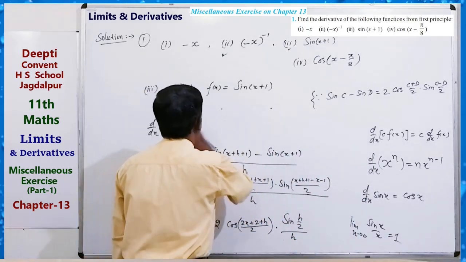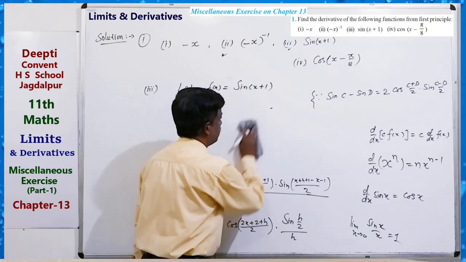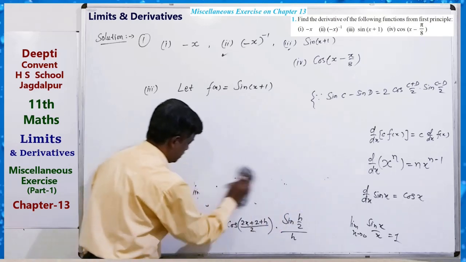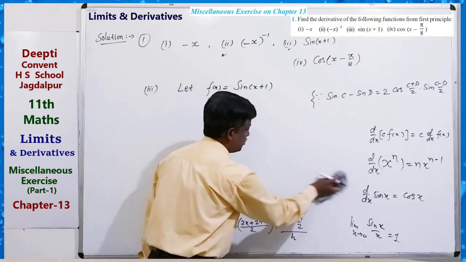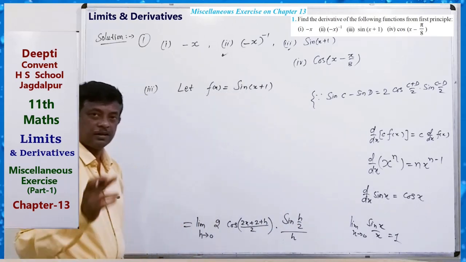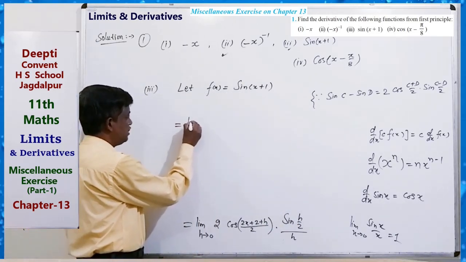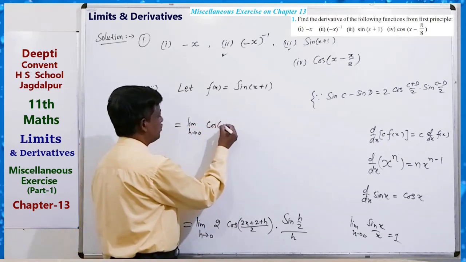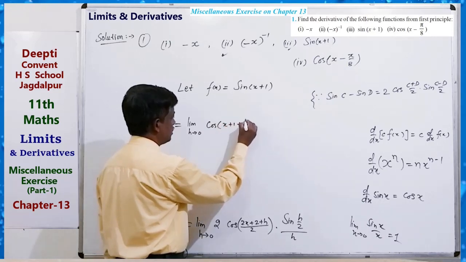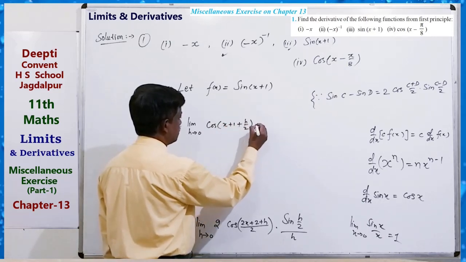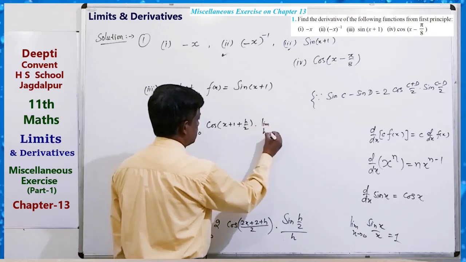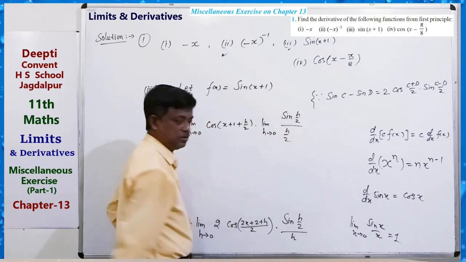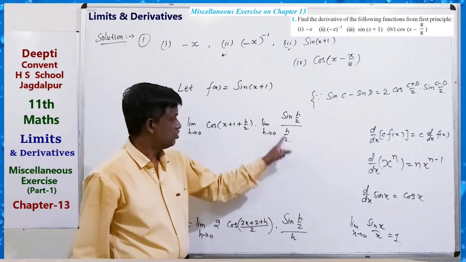So after this line we will find the limit, because finding the derivative by the first principle method means limit finding. For finding this limit we use the limit formula. This equals limit h tending to 0 of cos(x + 1 + h/2) into limit h tending to 0 of sin(h/2) upon h/2. The 2 is taken to the denominator of h.